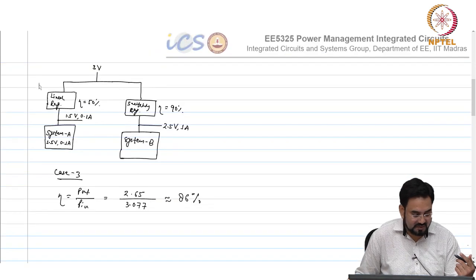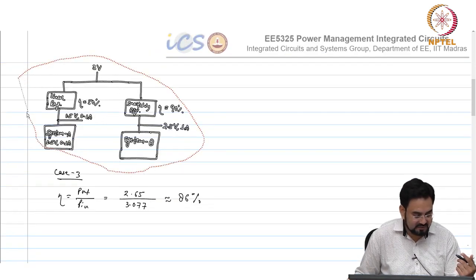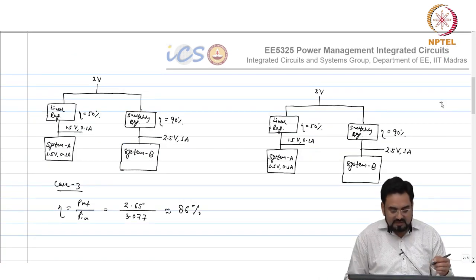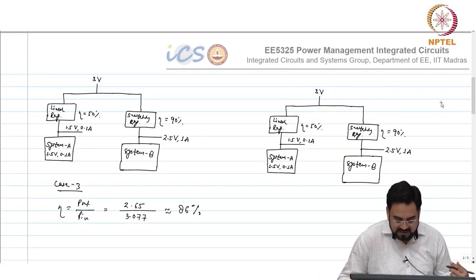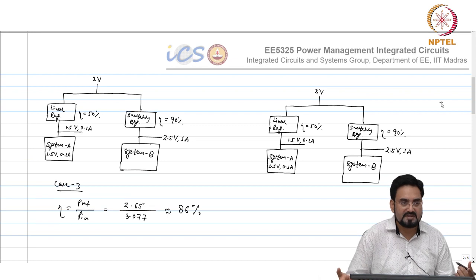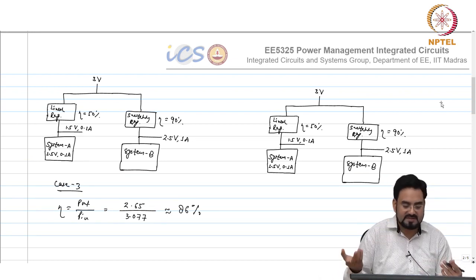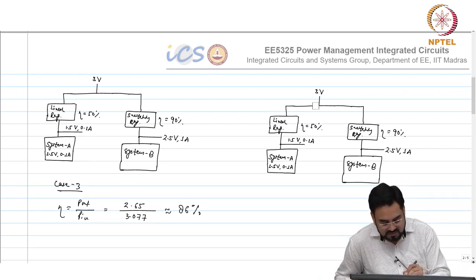Okay. So there could be another case where we can modify this circuit and improve the efficiency. It is a fourth case. We know the efficiency of a linear regulator is determined by the dropout voltage, and if we reduce the dropout voltage, the efficiency will improve. So what if I do this?